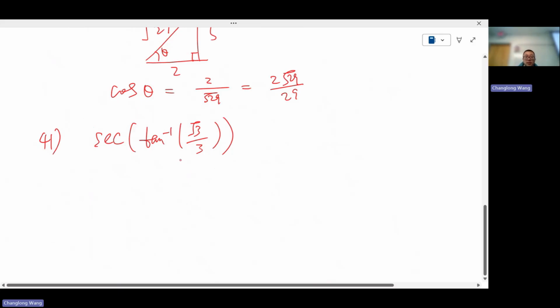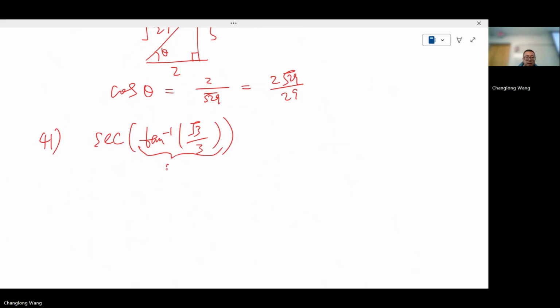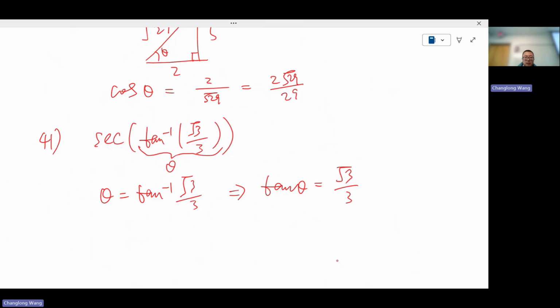Now, once again, let's hide this disturbing expression, tangent inverse, in theta. So we're going to call theta tangent inverse of radical 3 over 3, which means tangent theta is radical 3 over 3.